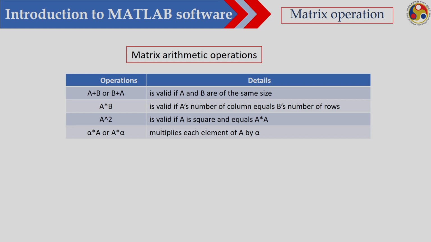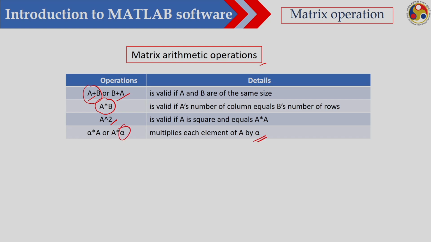Now, let us see matrix operations, arithmetic operations that we have already seen in the case of a vector. Suppose I would like to add A with B, okay, and B with A. Then if I multiply A and B, then if I want to calculate the square, okay, and then if I multiply with a scalar, alpha.